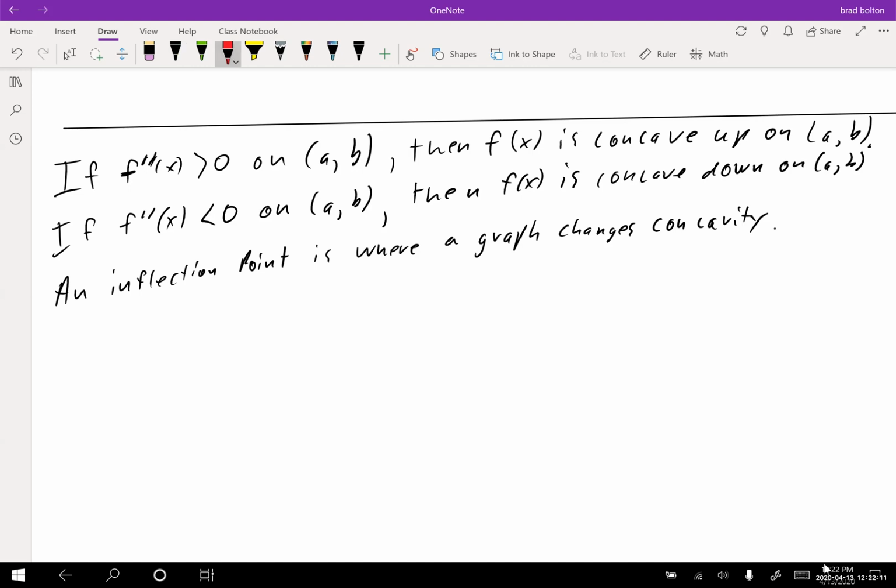So when you normally are working with the second derivative, you're looking for inflection points. That will come into play more often, I believe, in Calc 3. That'll come into play quite a bit more in Calc 3.